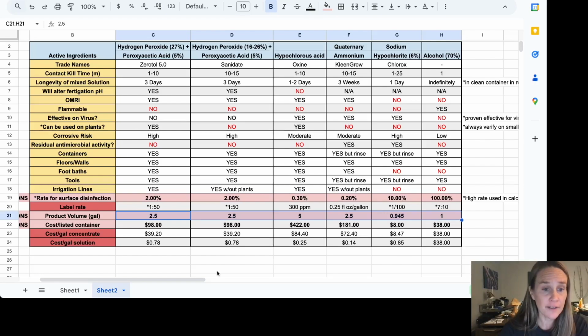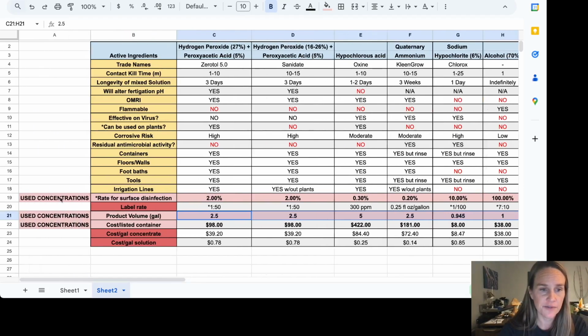I've made this editable, so any of these lines you see here, you can change. If you want to change the concentration that you actually use in your facility, if you want to change this to a 50-gallon drum, what we're getting here is just an example, and what I hope you can do is take this tool, put in the prices you actually pay, and start to understand, we clean a lot.